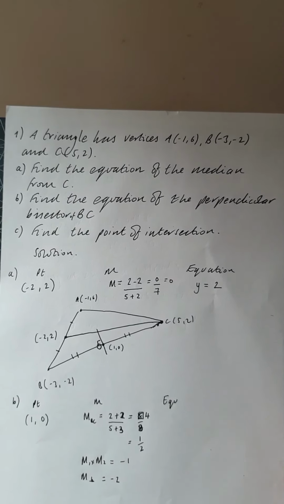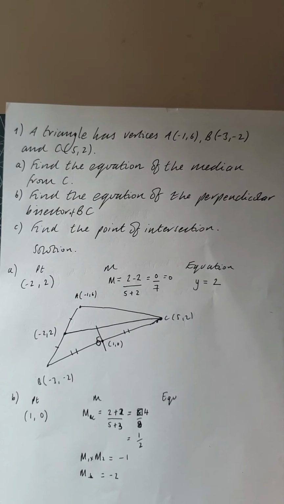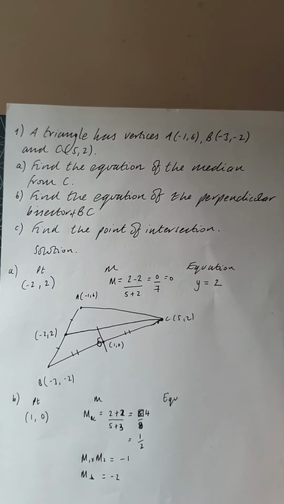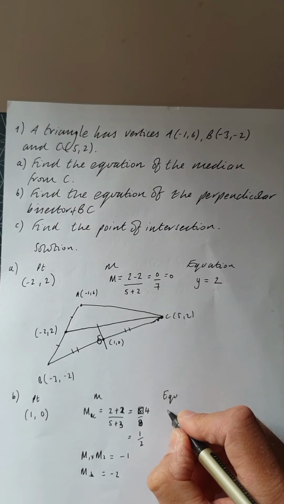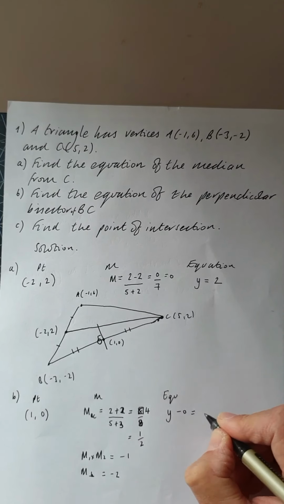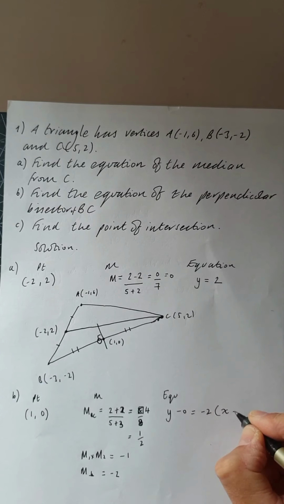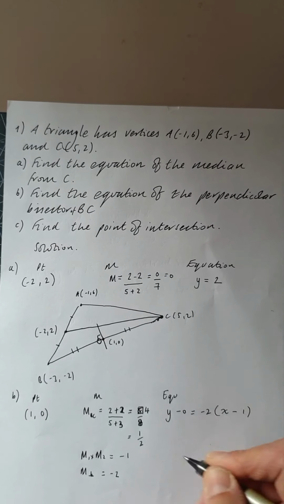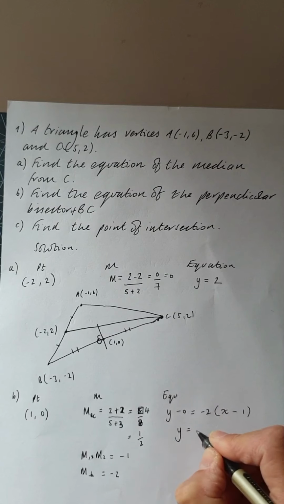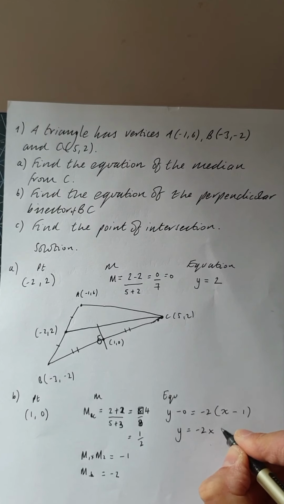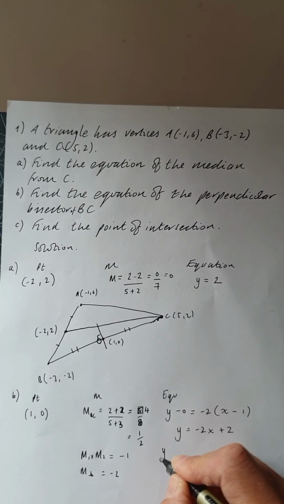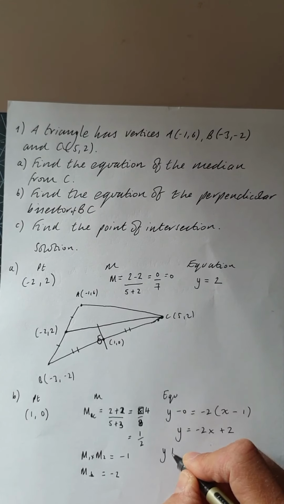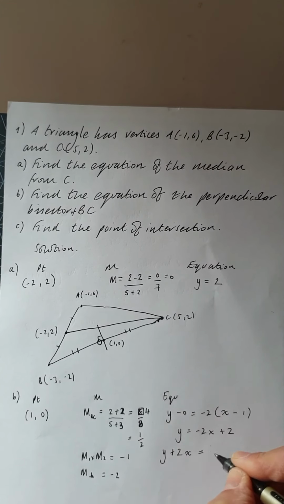So I know that the gradient of the perpendicular bisector is -2. Okay, so the equation then, got our point, got our gradient, it's y minus b, y minus 0 equals m times x minus a. So we get y equals -2x, add on 2, and again I'll just collect all the letter terms on the left hand side.